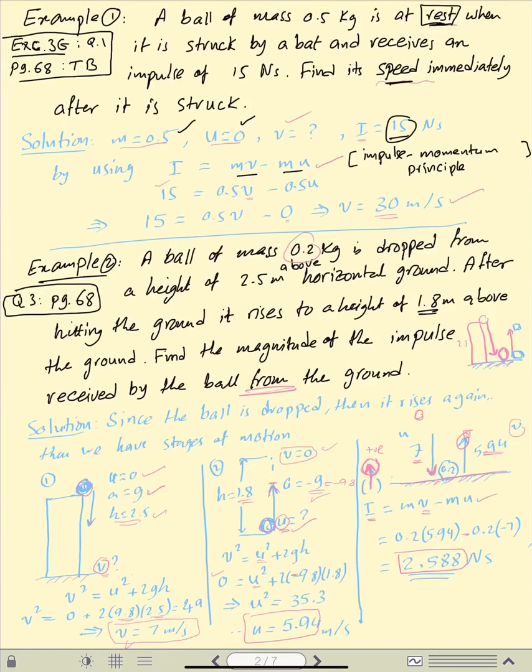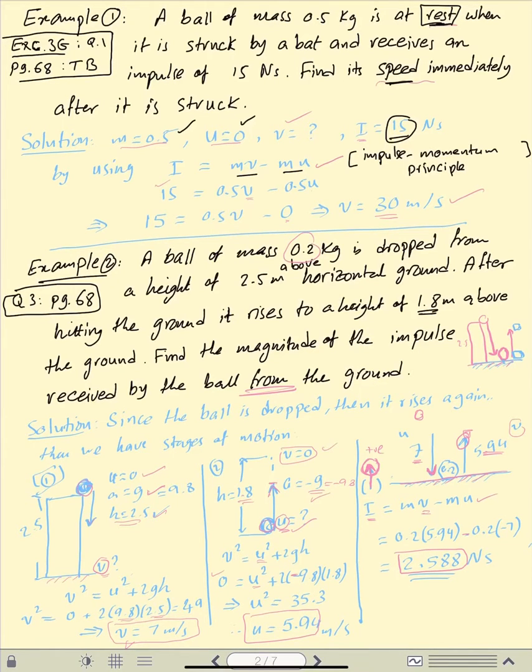Step number 1. We know the height that the ball is dropped from, 2.5 meters above the ground. When it is dropped, it accelerates with g, which is 9.8 meters per second squared, positive. Since it is dropped from rest, u is 0.